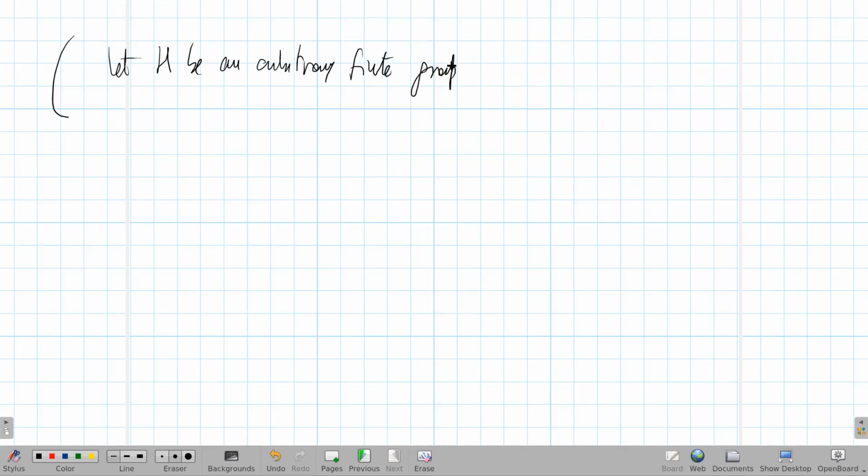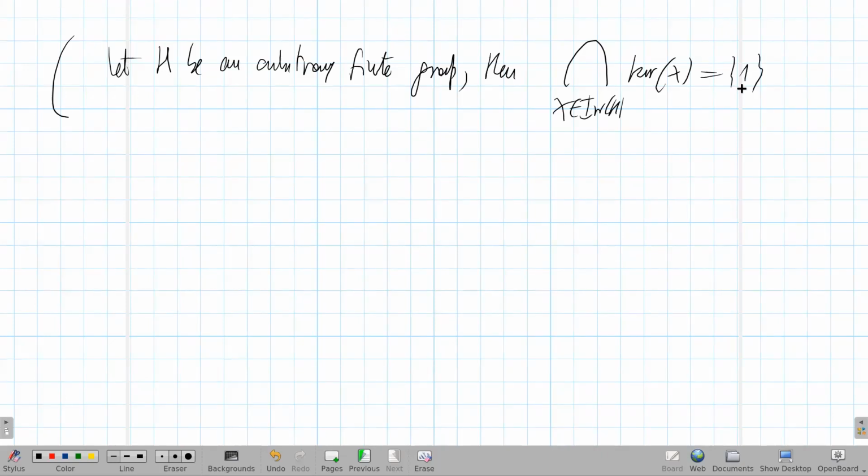I don't think I've ever done this, but it's very close to something we have done. Then the intersection of the kernels of all irreducible characters of H is trivial. Why is it so?